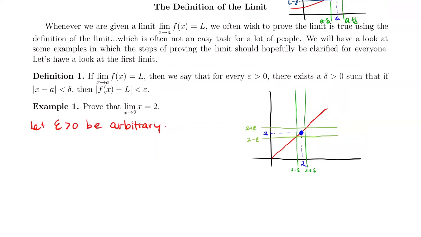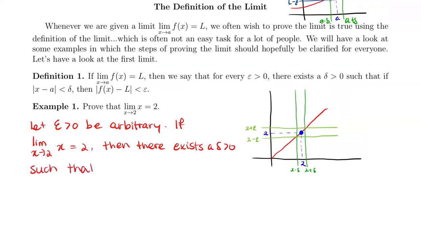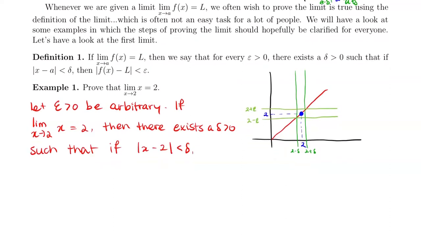Then we say, if the limit as x approaches 2 of x is equal to 2, then there has to be a delta greater than 0, such that if x minus 2 is less than delta, then we want to show that the function f of x minus L is less than epsilon.